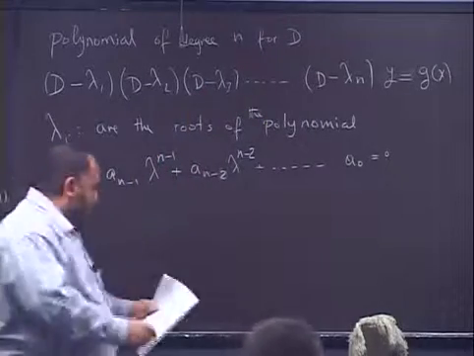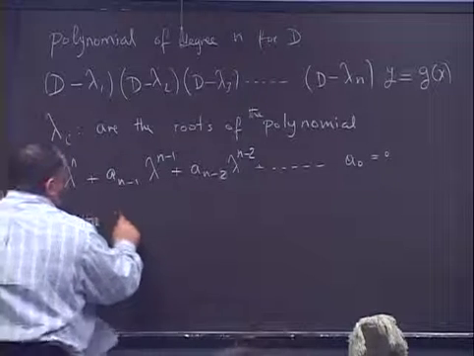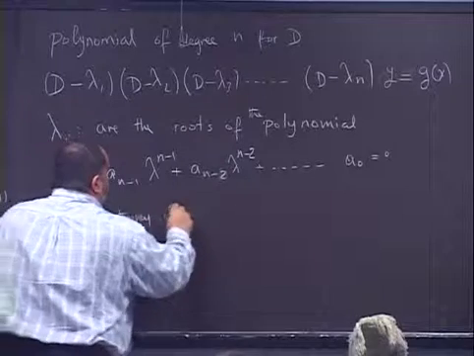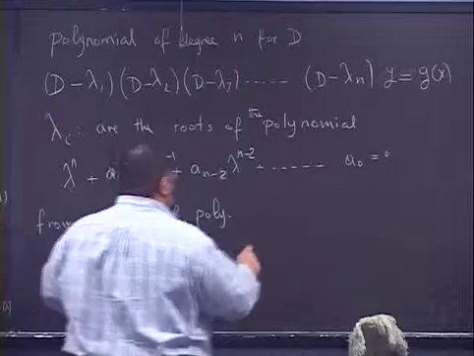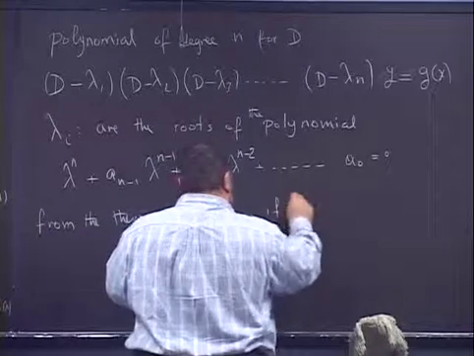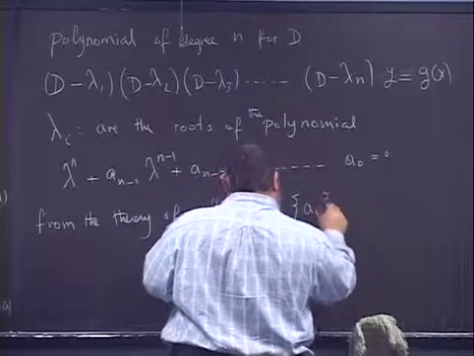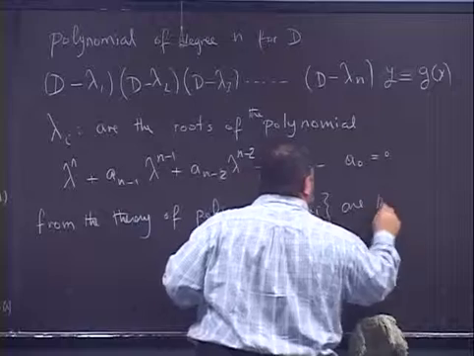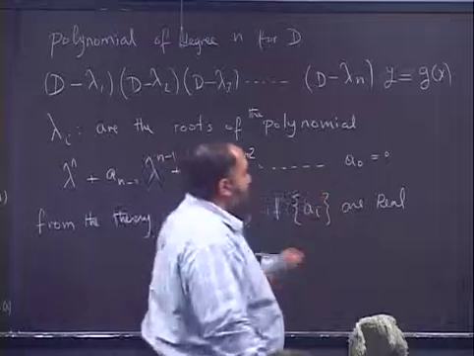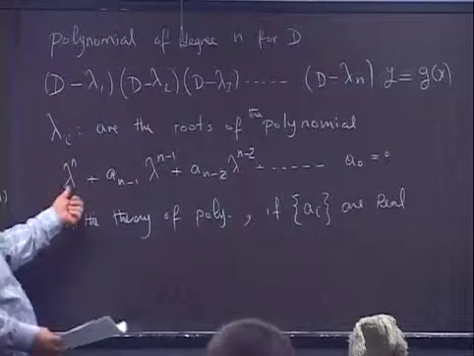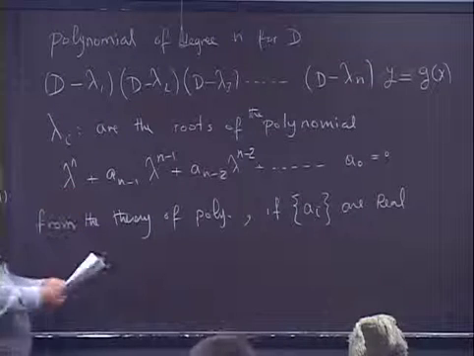So from the theory of polynomials, we know that if the a_i are real, so if the coefficients of the polynomial are real, you might get real or complex conjugate solutions for the lambdas.